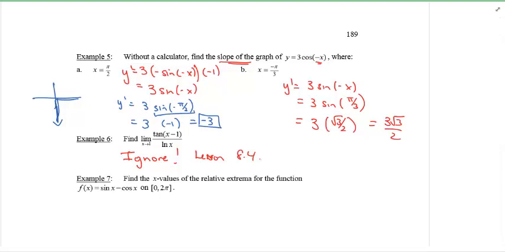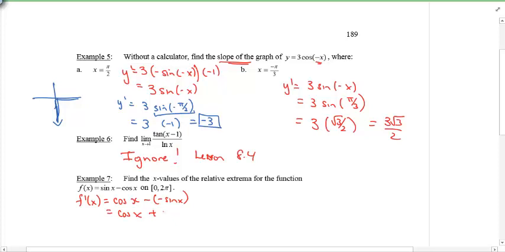So how do we find relative extrema again? Yes, take the derivative. So taking the derivative of sine, that's cosine. Taking the derivative of cosine is negative sine. So you actually have here cosine x plus sine x. So we found the derivative.